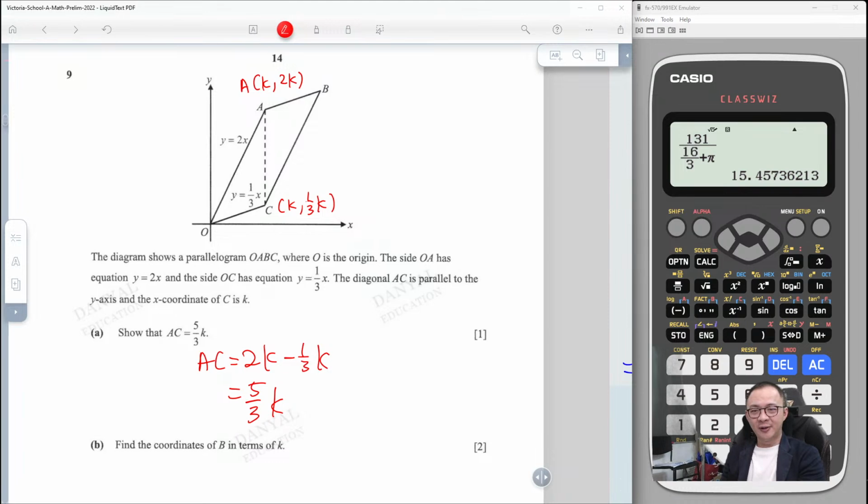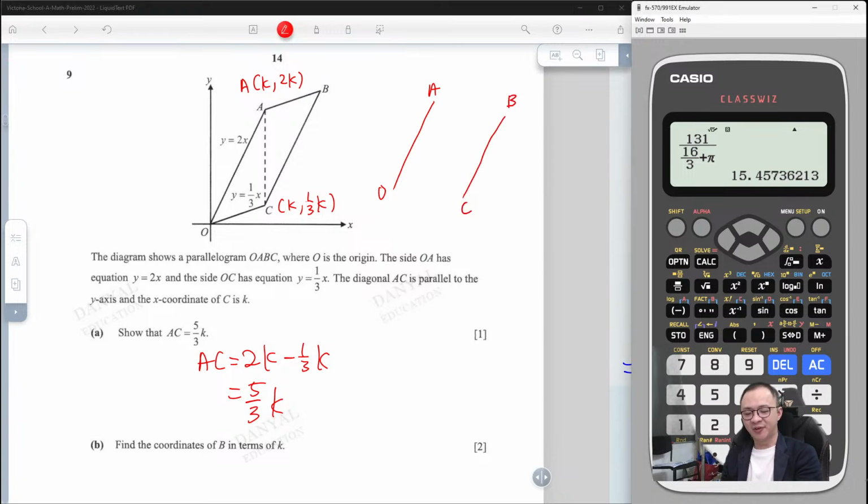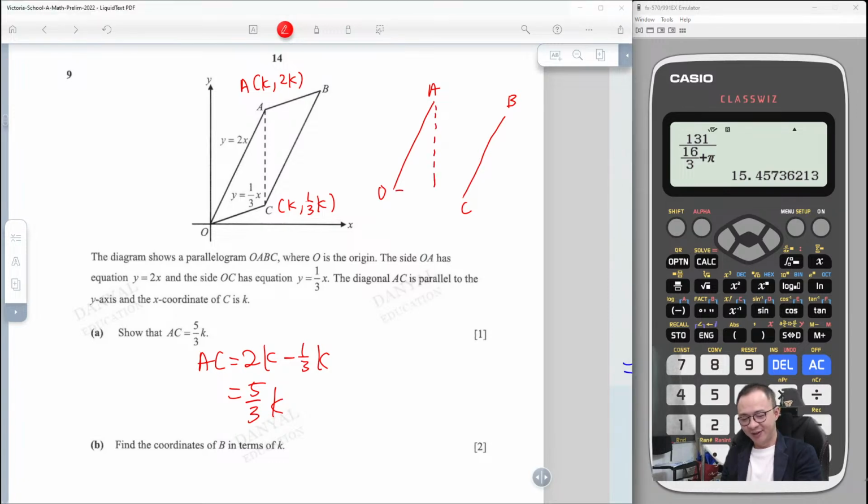Okay, so this one you can see that OA is parallel with CB. I'm trying to use an easier method to find it out. If you learn about vectors, you can see O is (0, 0). Go to A, it becomes (k, 2k), right?